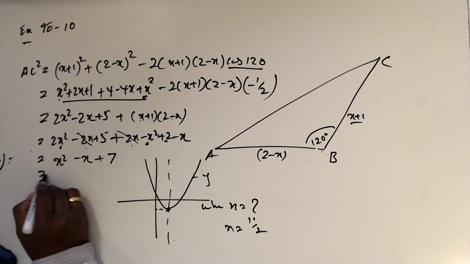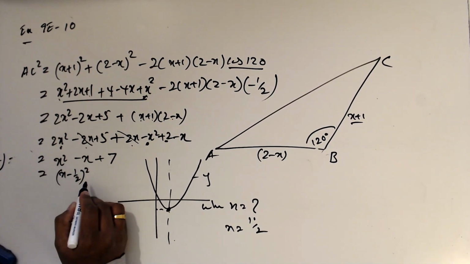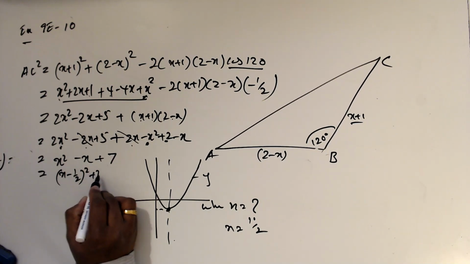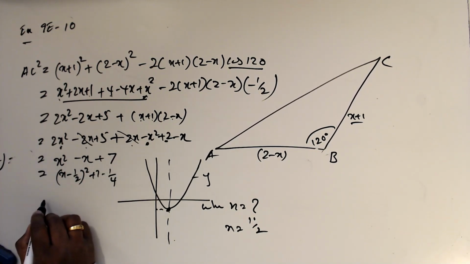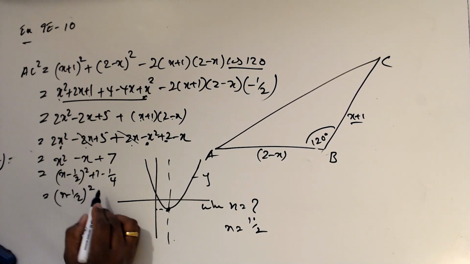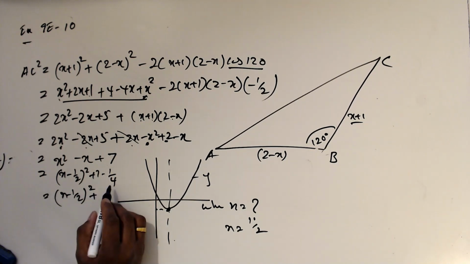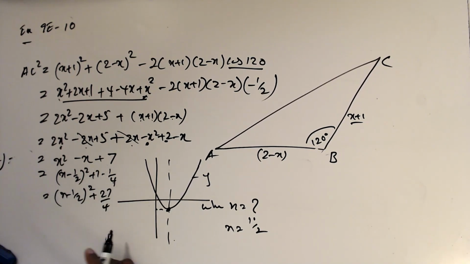Let's complete the square. x minus half squared plus 7 minus 1 over 4. So x minus half squared, and this is 7 minus 1 over 4, which is 28 minus 1 over 4, so 27 over 4. Now, when x equals half, we will get 27 over 4.